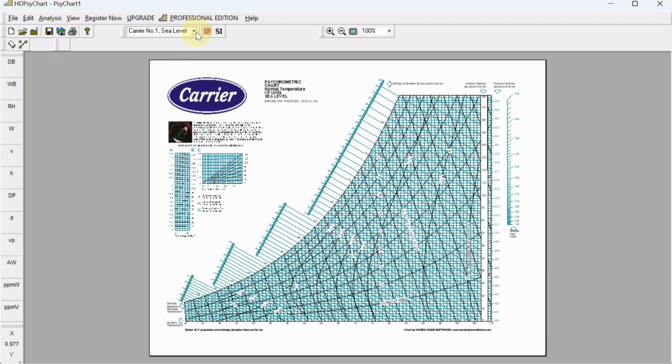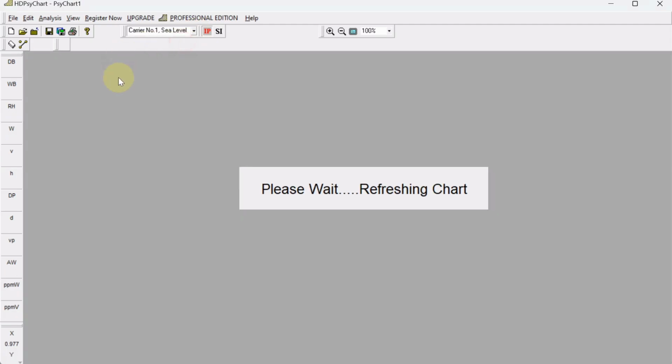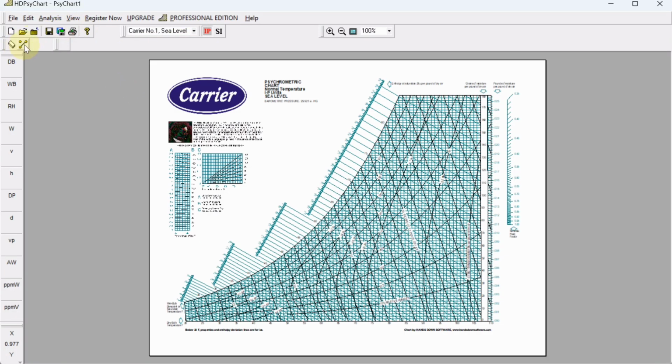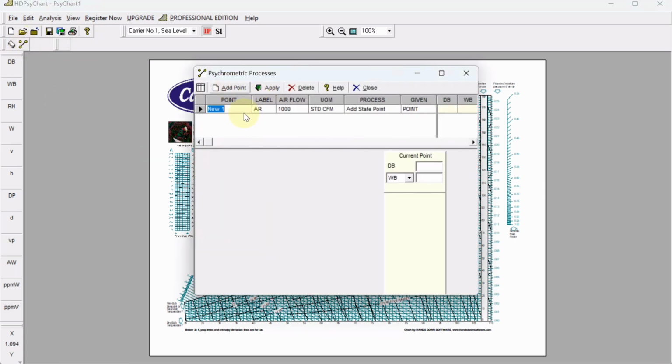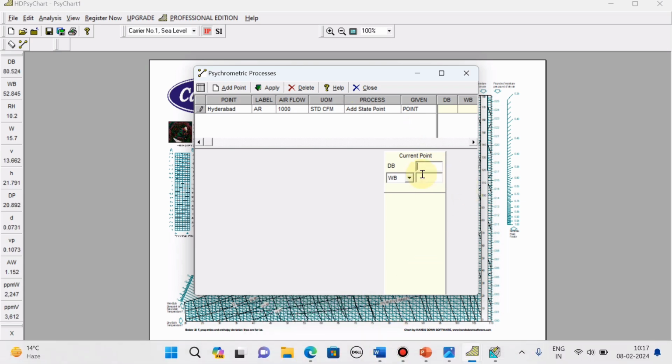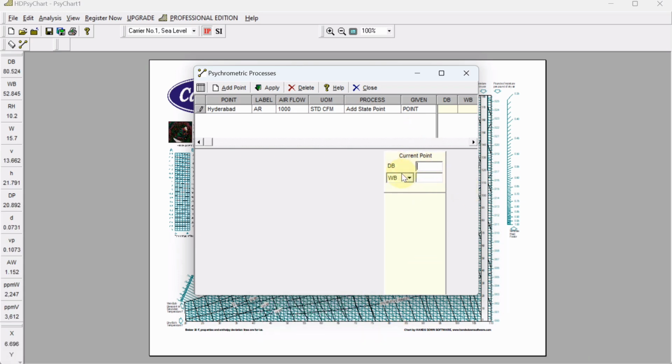So from here you have to select the first option only, then hit on state point and processes. Here you hit on add point and write down the city name, Hyderabad. Then dry bulb temperature is showing. If you know any two properties of air, the remaining properties you will get from this software. That is why I am using the software.